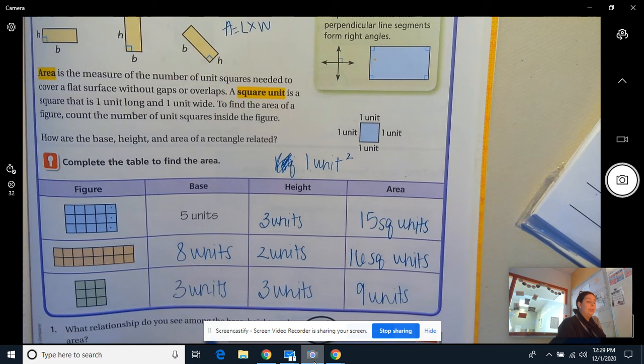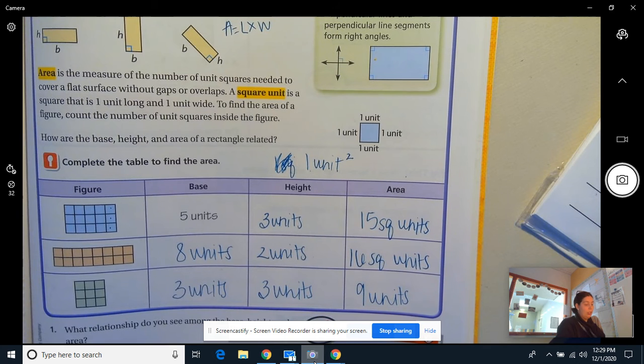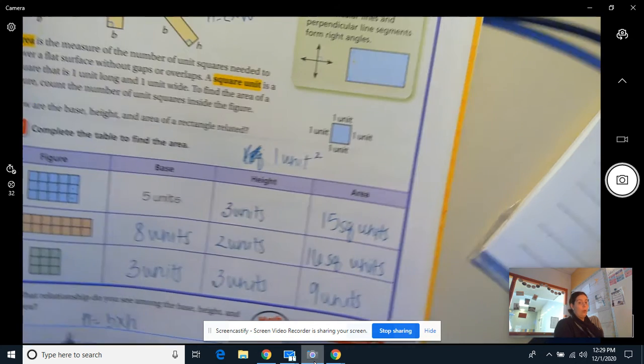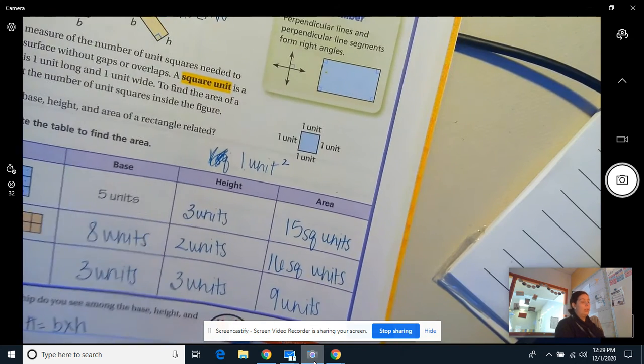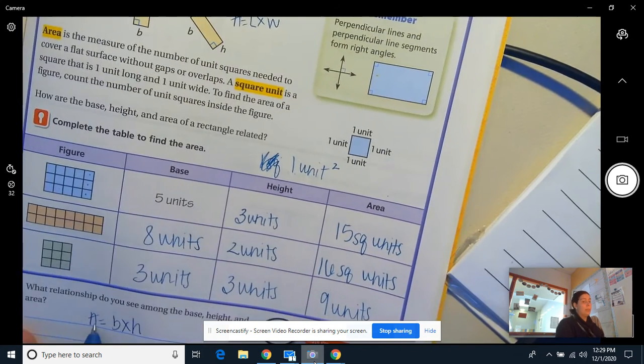What relationship do you see among the base and the height in the area? Well, the product of the base and the height is equal to the area. So, area equals base times height. And no, I don't mean Area, the student. This is area as we're talking about it for math, and it's spelled differently, okay?